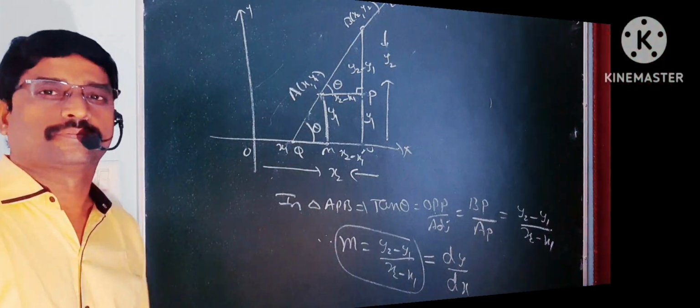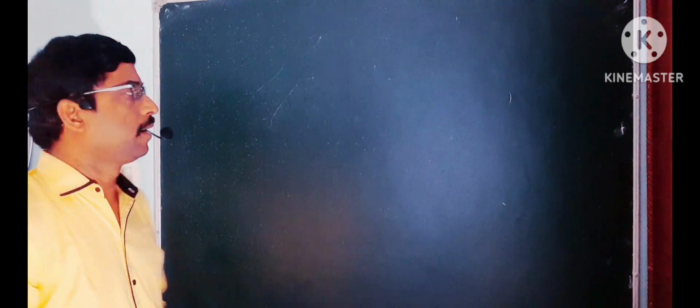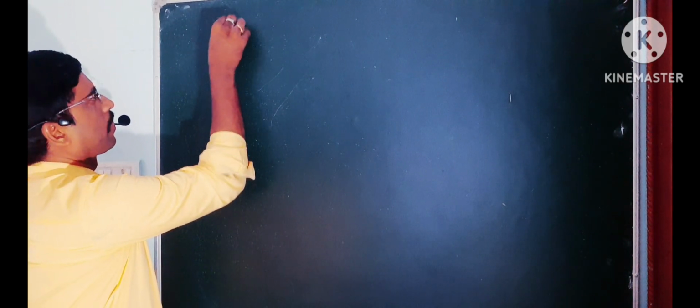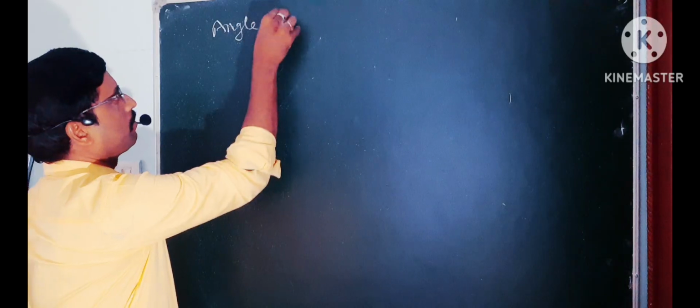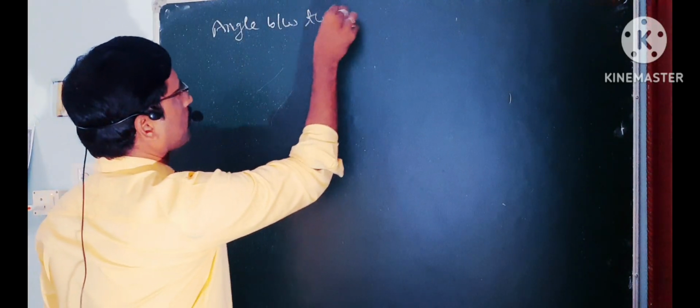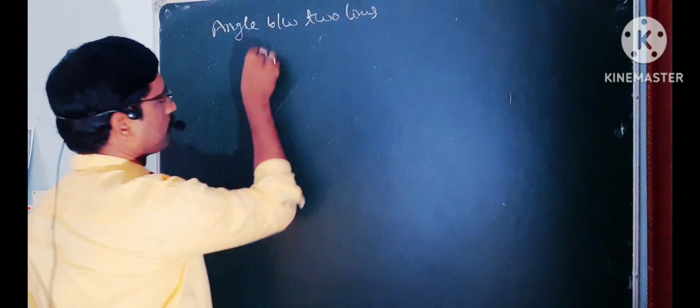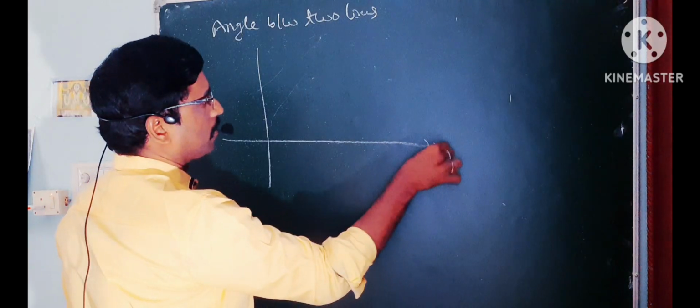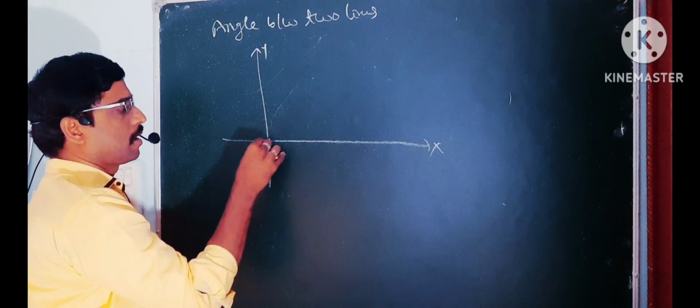Now explain angle between two lines. Now I am taking x and y axis.